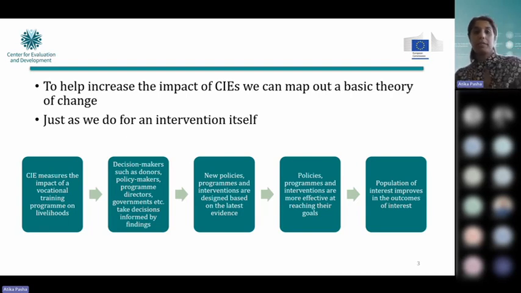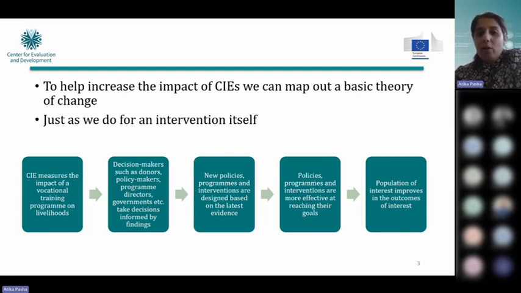We go to program directors and tell them, this is what our program does. You know, when we find a negative impact here, we find a positive impact here, and this worked better than that. And this is basically going to help these decision makers define new policies or extend previous programs or change interventions in a way that they are based on more robust evidence, and are thereby able to be more effective in reaching their goals.